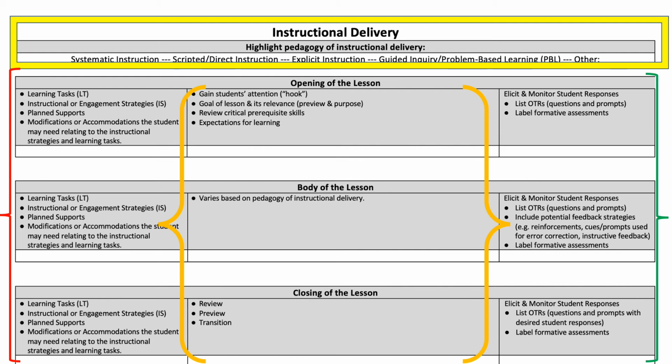Given that learners must demonstrate understanding to successfully advance through the lesson and complete guided and independent practice activities, it is important that the teacher candidate systematically elicits and monitors student responses to assess each learner's understanding of the content as the lesson progresses.